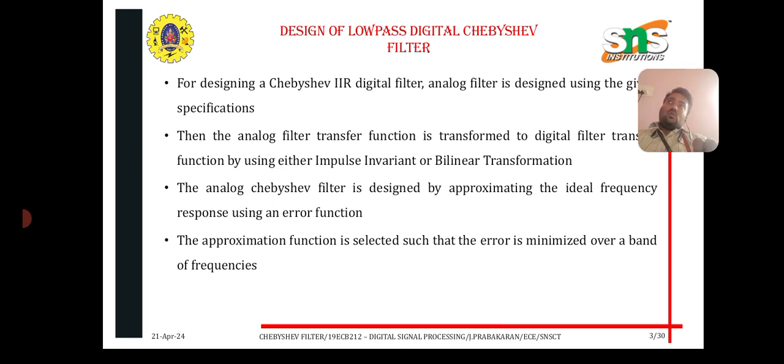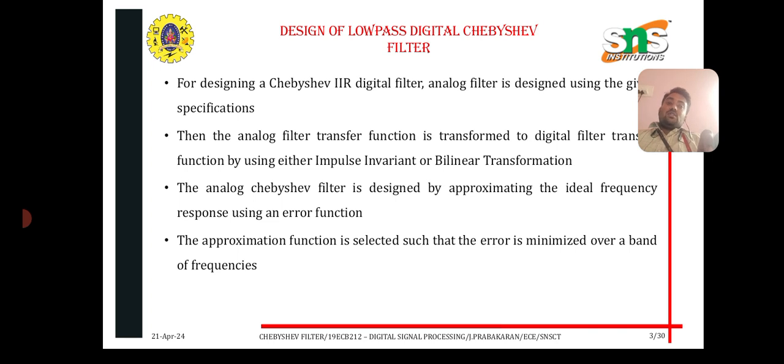We know two types of methods we are using to transfer from analog filter to digital filter. First is the impulse invariance method, and the second is the bilinear transformation technique.